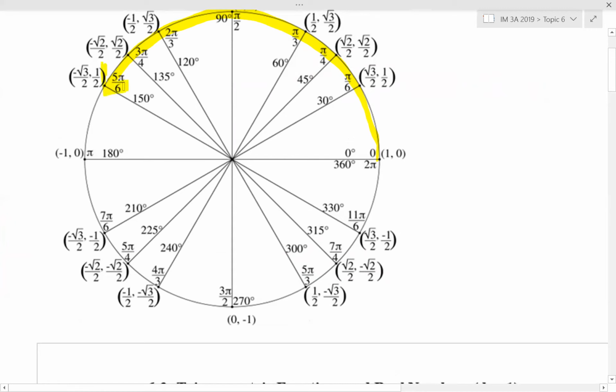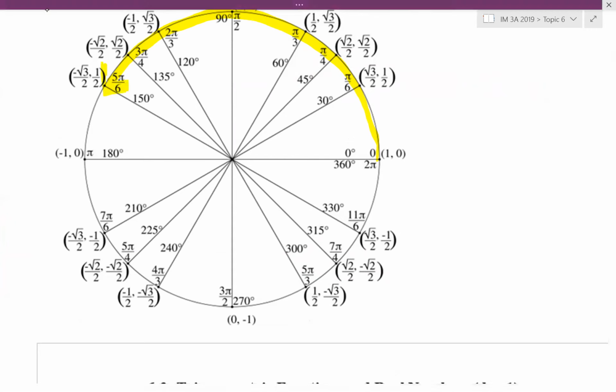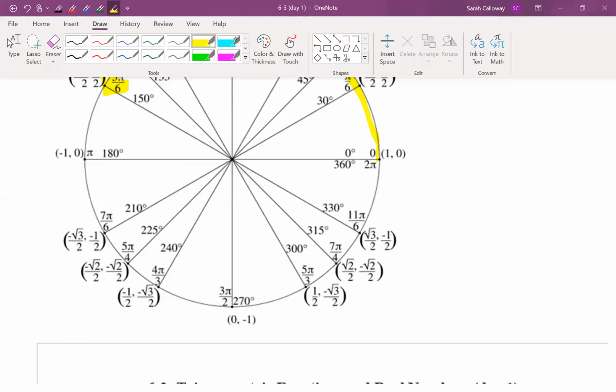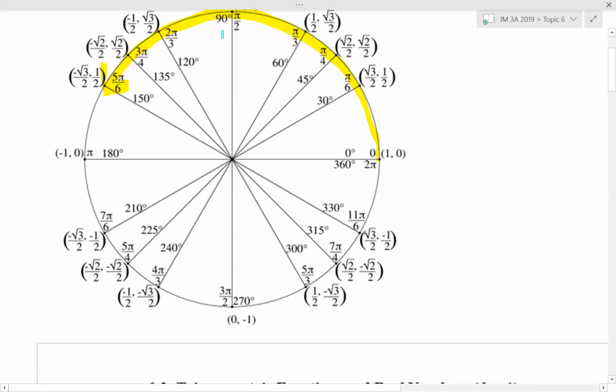Then if I do that in the opposite direction, I'm essentially finding the reflection of the angle I just found. Instead of going up from 0, I'm going down. That creates a negative angle. So negative 5 pi over 6 is equivalent to 7 pi over 6. Visually, that's what I would do to identify where negative 5 pi over 6 is.